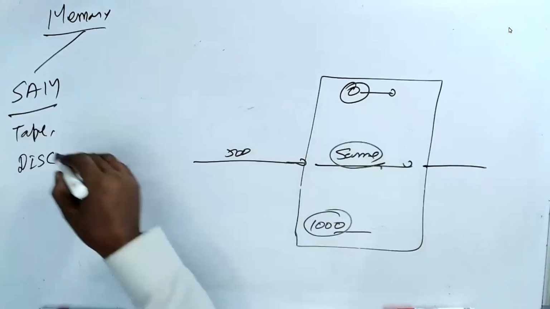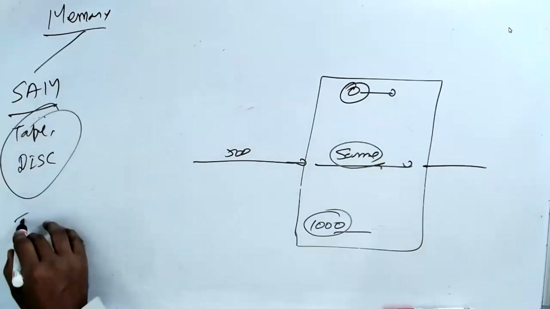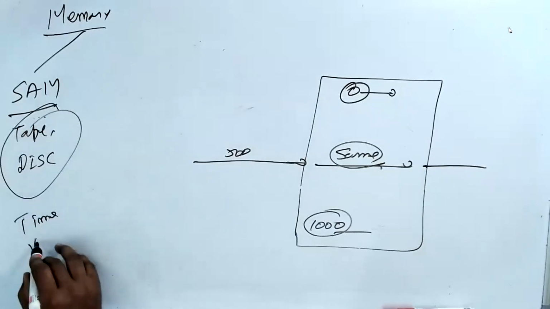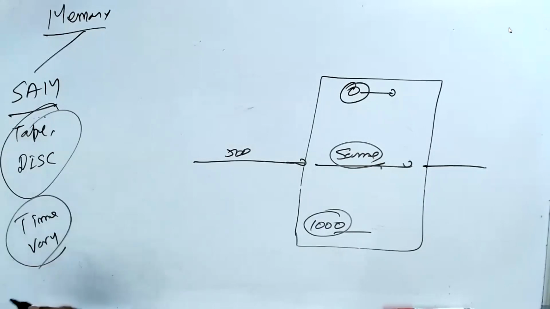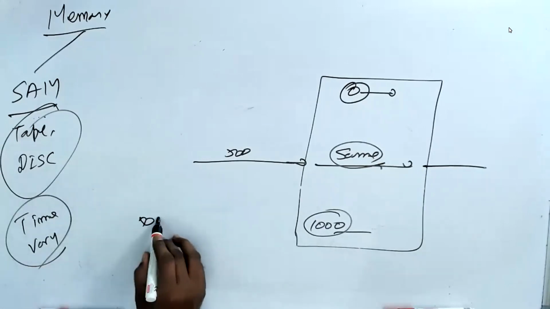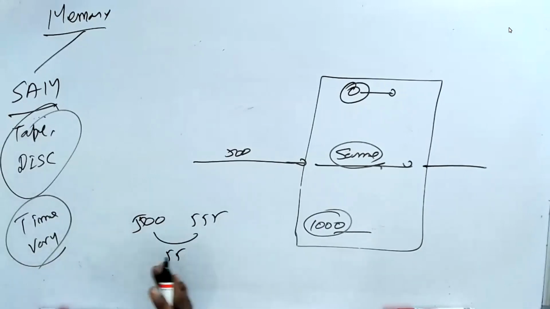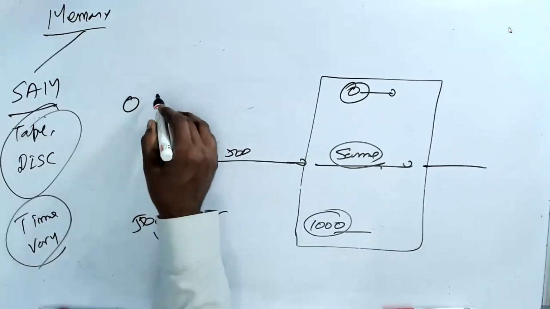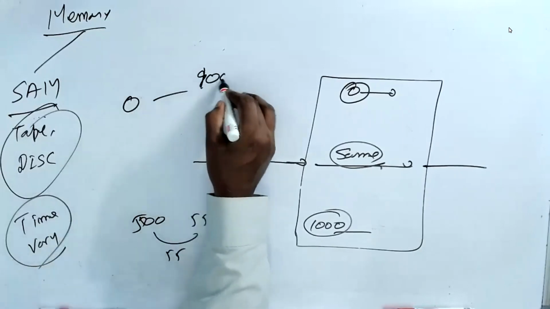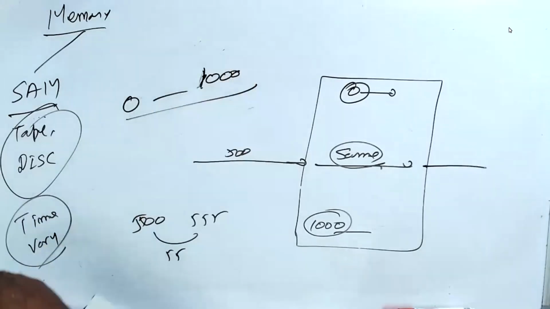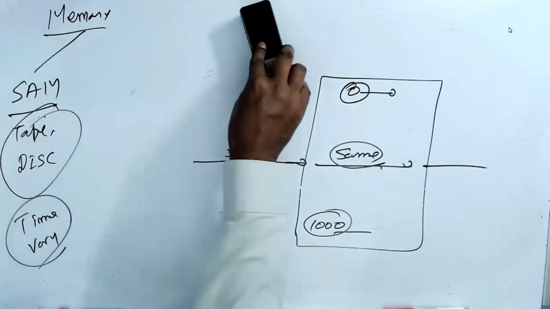Here the time will vary, depending on where you are and where you are accessing. If you are at 500 and accessing 555, it takes much less. If you are at 0 and want to read at 1000, it takes a very long time. So in tape or disk, you cannot predict how much time it will take.